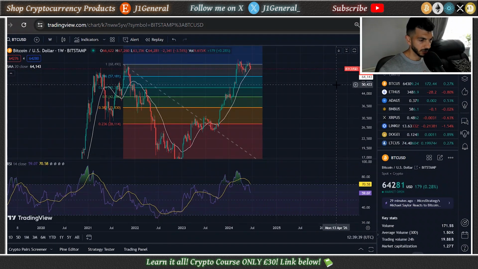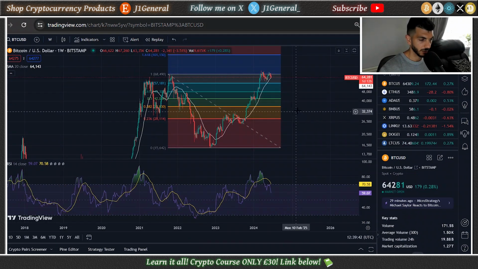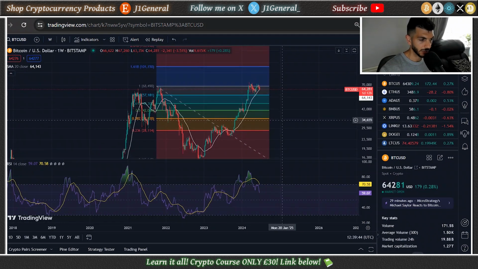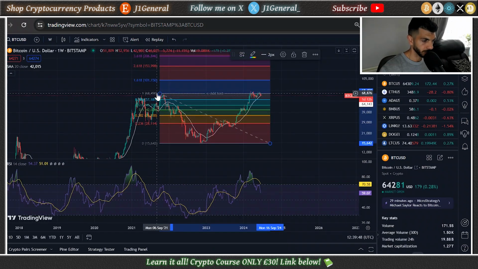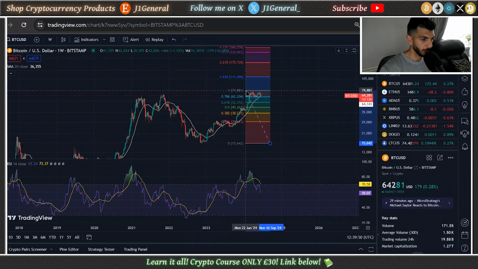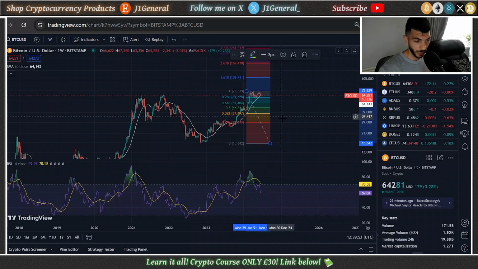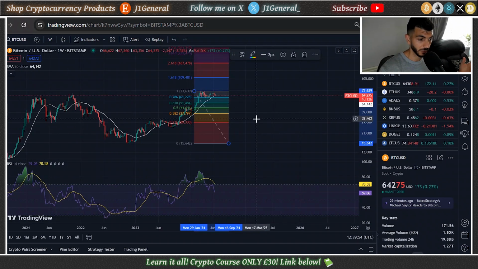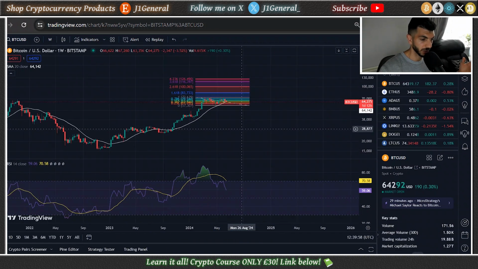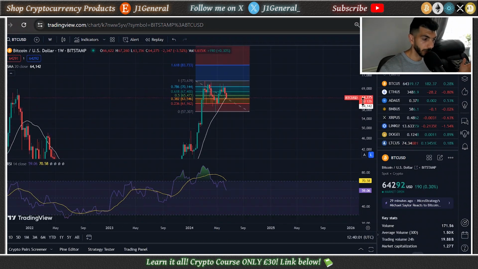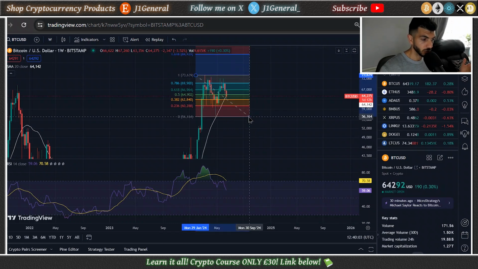I also like to conduct a Fibonacci at strong local highs and strong local lows. So if we move this Fibonacci and bring it to our most recent all-time high, as that is also a very significant top, and then mark it to the bottom of April, which is where we had our significant low, where Bitcoin rebounded strongly, which was around 56k.